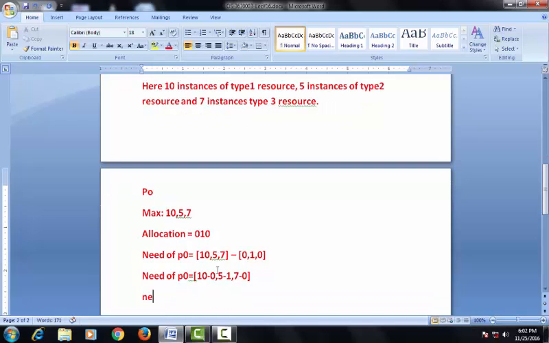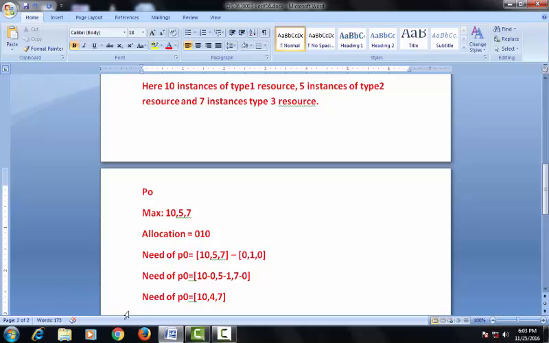Right, so the need of process P0 is 10, 4, 7. We can calculate it like that, right? 10 minus 0, 5 minus 1, 7 minus 0.